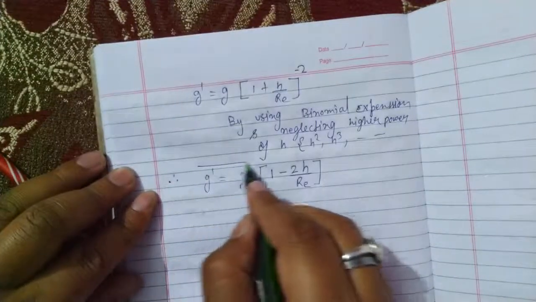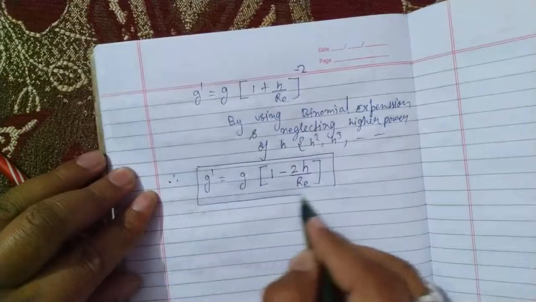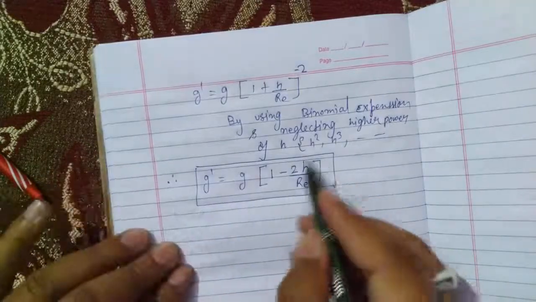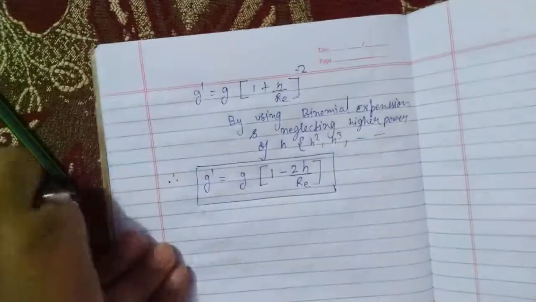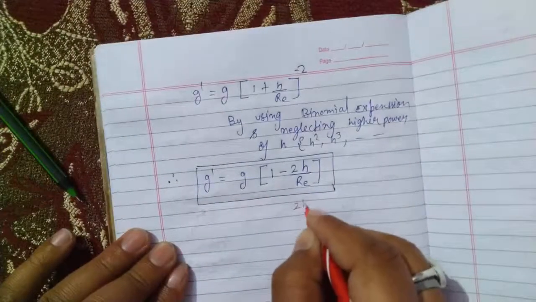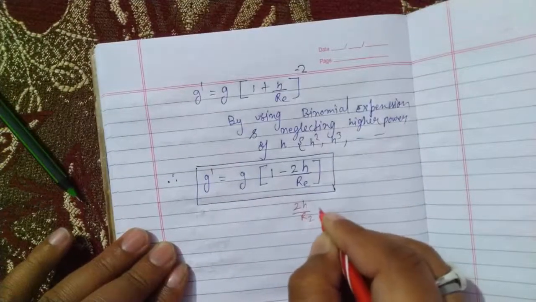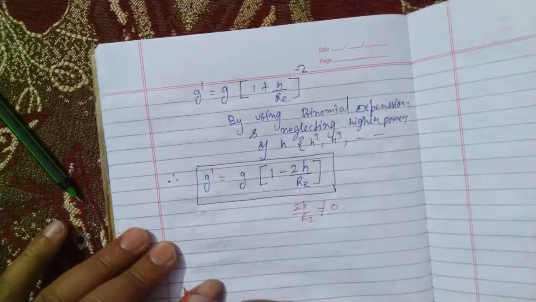Here we observe that 2h upon RE is not equal to 0.